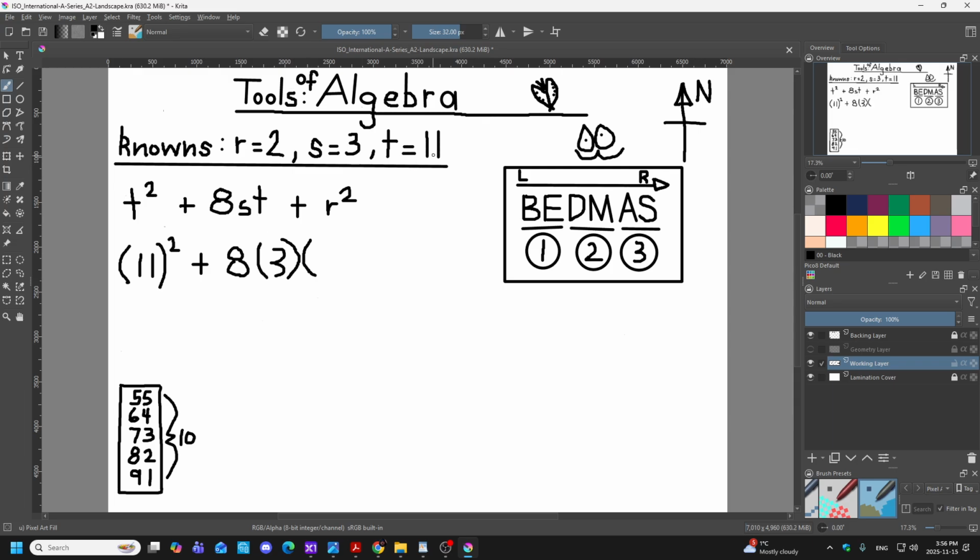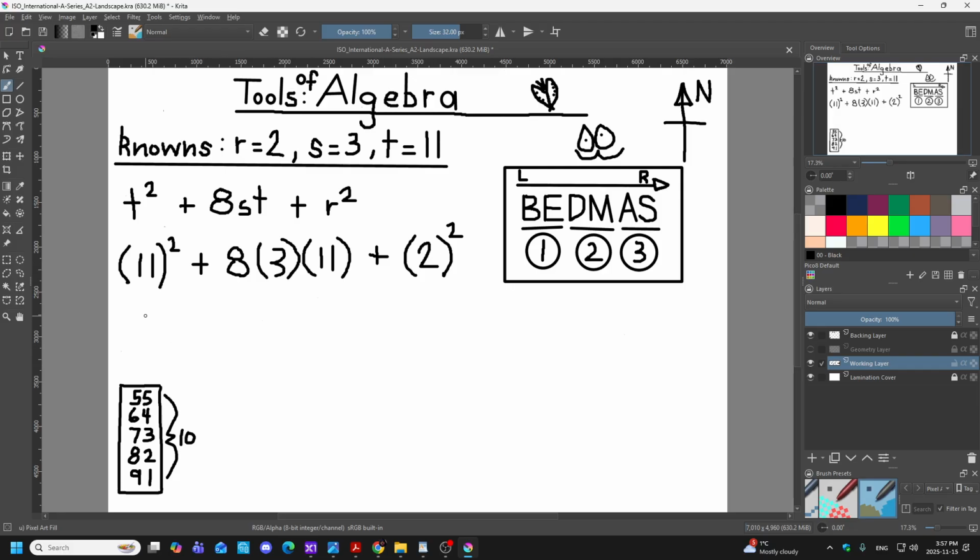T is 11 plus r, using brackets again, because I have an exponent. r is squared, that is 2. All right, not so bad. All we have here is a whole number being squared plus 8 times 3 times 11 plus 2 squared.